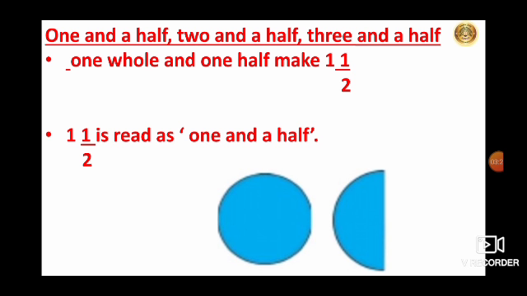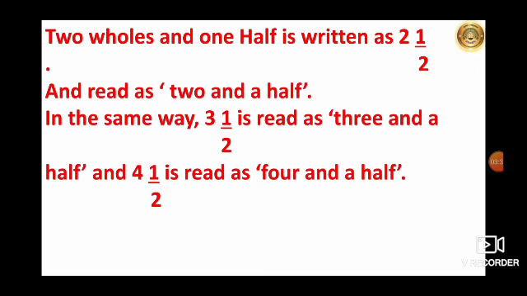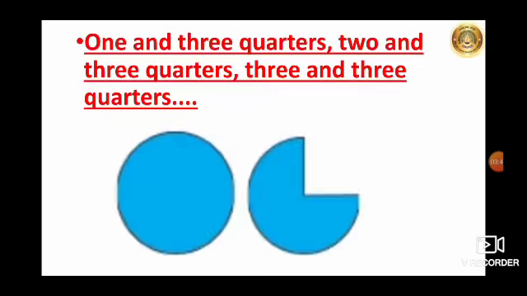So how will we read it? 2 wholes and 1 half is written as 2.5 and read as 2.5. In the same way, 3 and 1 upon 2 is read as 3.5 and 4 and 1 upon 2 is read as 4.5.